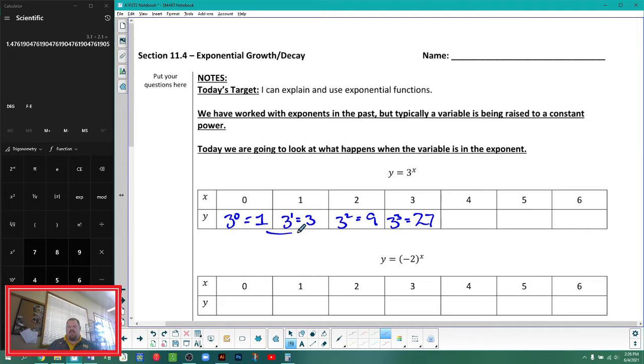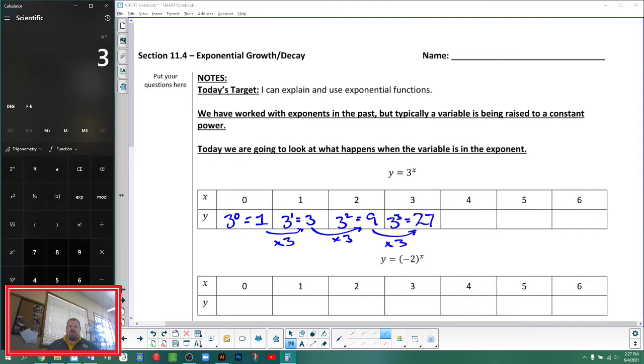And we should see that every single time, all I'm really doing is multiplying by 3. That can be a quicker way of filling out the rest of it, because on a calculator, it's tough to know which way. There's this x to the y button here. On some calculators, to get this one, you would have to go 4 and then 3.